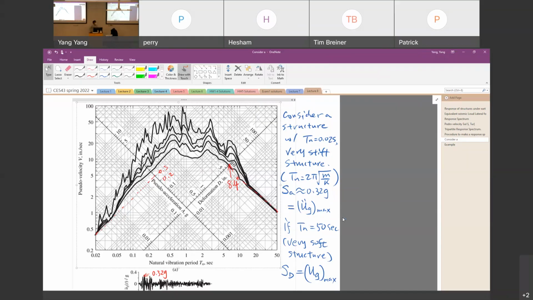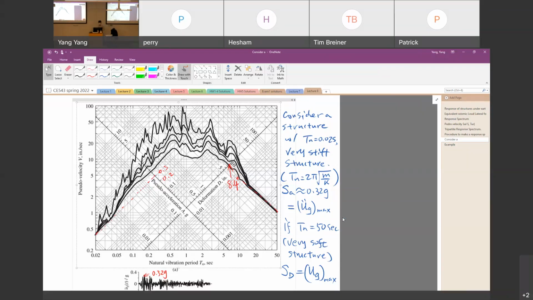Whether it collapses or not depends on the demand by the earthquake, whether the demand is smaller than the capacity of the structure. When we talk about the capacity here, we talk about firstly the strength, secondly the displacement capacity.